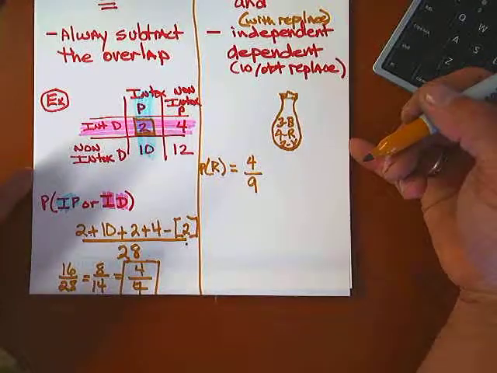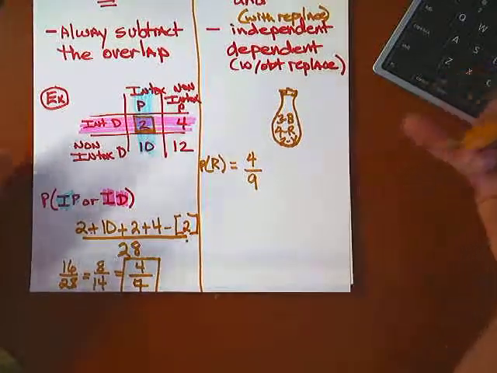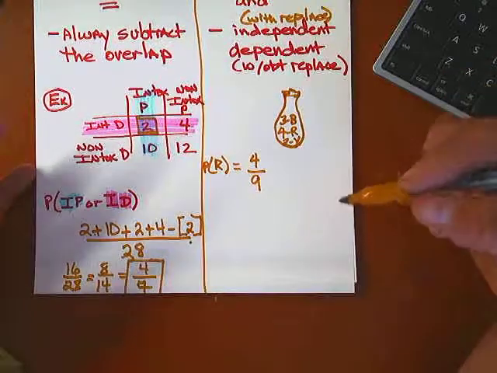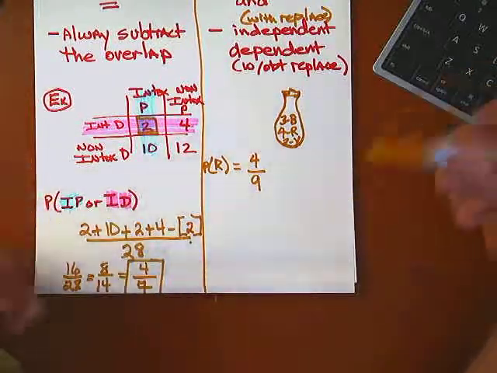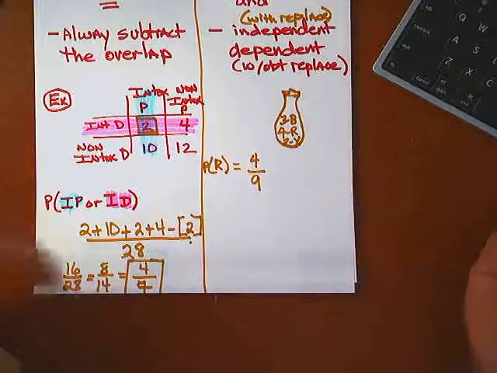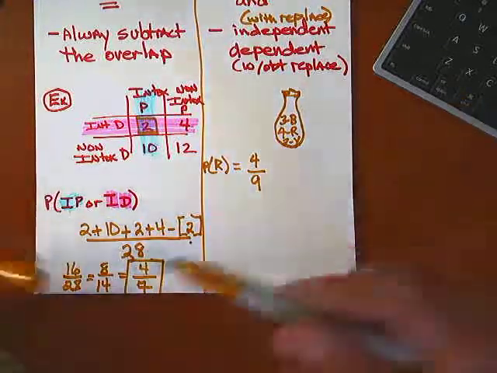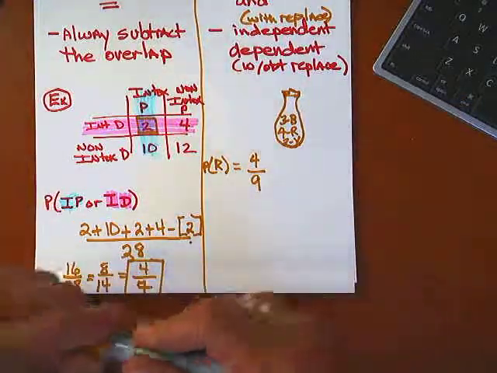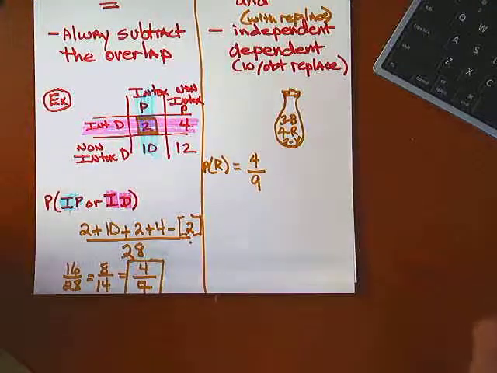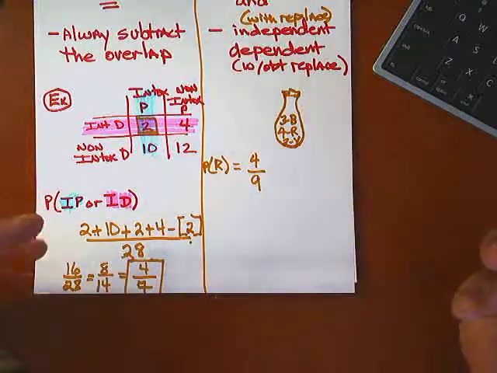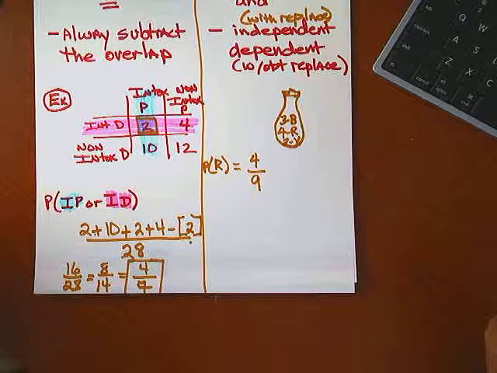Usually the problem will state whether it's with or without replacement, or it will say it's independent or dependent, or it's a question about a vote and a body count or a head count. Well, a person can't be counted twice, like let's say voting in the Congress. Well, only one person can vote for each bill. You can't vote 3 or 4 times.